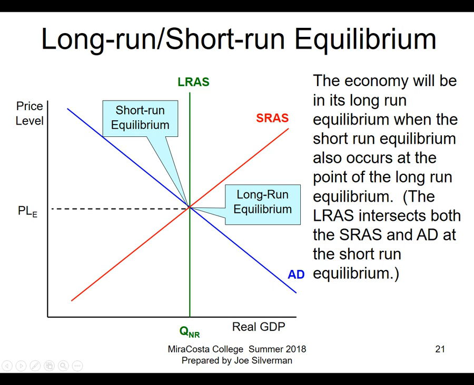We'd like the short-run equilibrium to be identical to the long-run equilibrium. This means that the economy is humming along at full employment, or the natural rate of unemployment, and we're fully utilizing as many resources as we can. In other words, we're not producing less than we're capable, and we're also not producing more for short periods of time than we're capable, and I'll get into that a little bit more as the lecture progresses. So this is what we mean by long-run, short-run equilibrium.